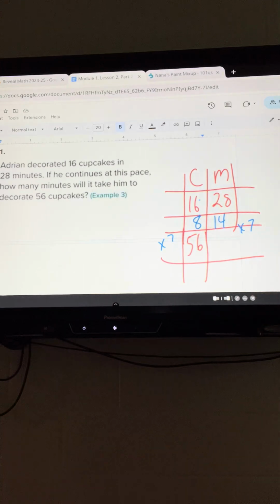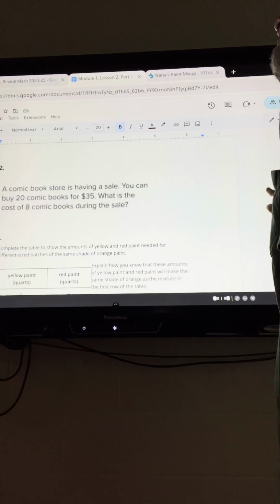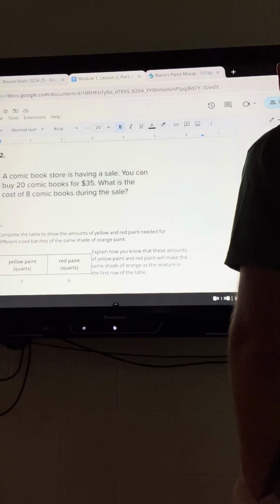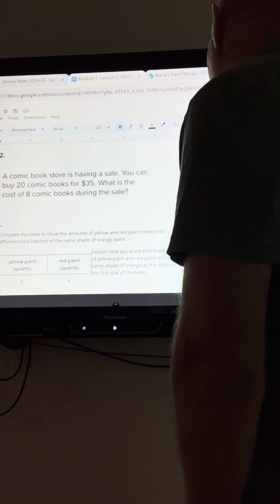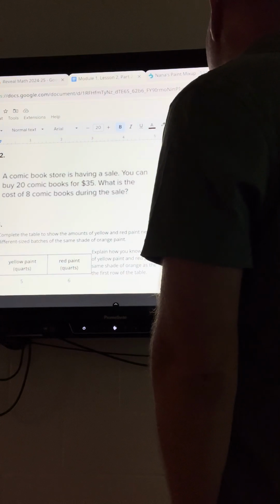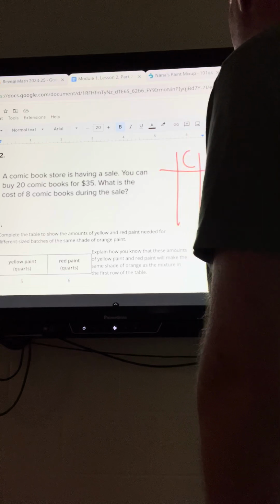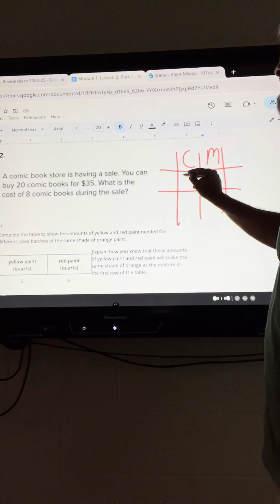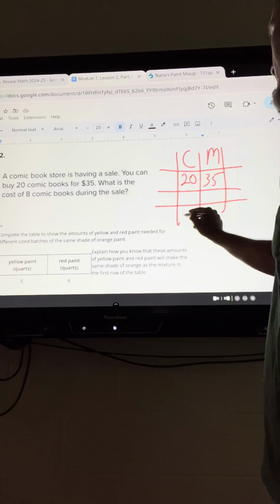All right, next problem. A comic book store is having a sale. You can buy 20 comic books for $35. What is the cost of 8 comic books during the sale? So again, you want to set it up where you have the comic books and you have the money. And you know that 20 comic books cost $35. You want to find the price of 8 comic books.